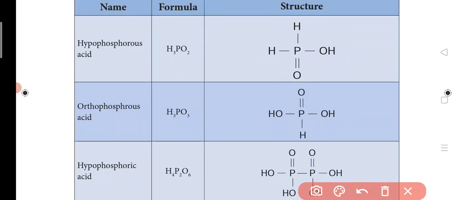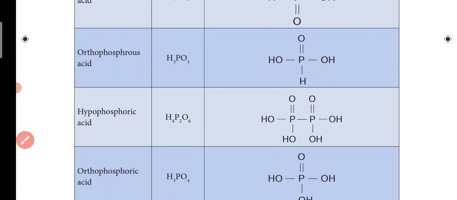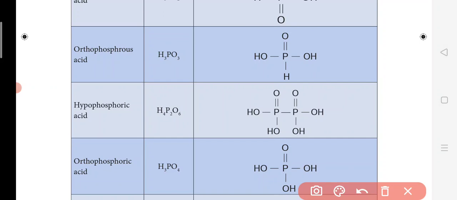Next is H3PO3: same way, put P double bond O, OH. One phosphorus and 2 oxygens are over. Put the remaining oxygen on any of the remaining sides. Then 2 hydrogens: if one hydrogen comes here, the other hydrogen will definitely go and pair up with the oxygen.